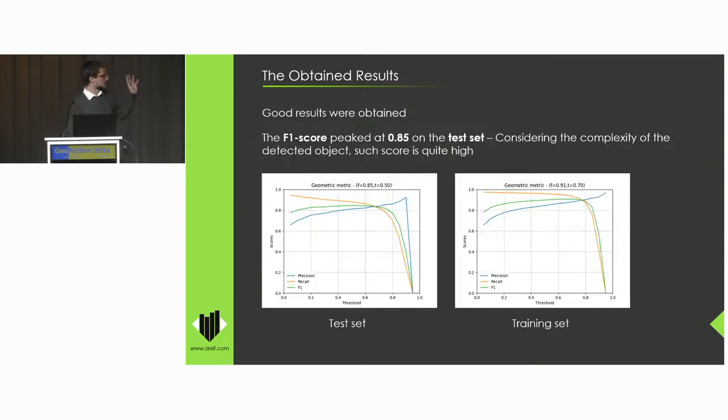So here is the only technical graphic of this presentation. So that's the result that we obtained. We obtained quite good results for the complexity and the diversity of the parking spots. So we had an F1 score that peaked at 85, which is quite good, for the optimal threshold. If you don't know, the F1 score is just a combination of the precision and the recall.